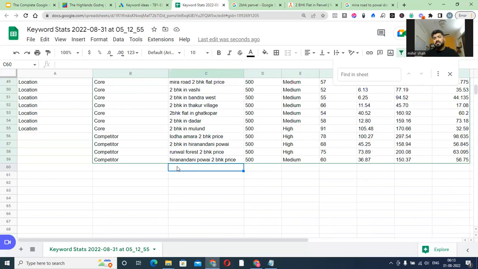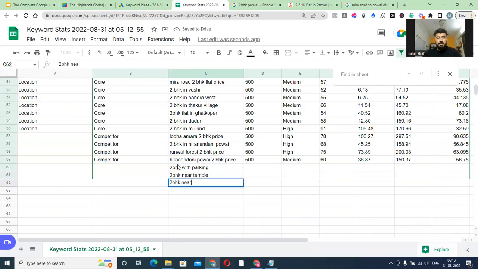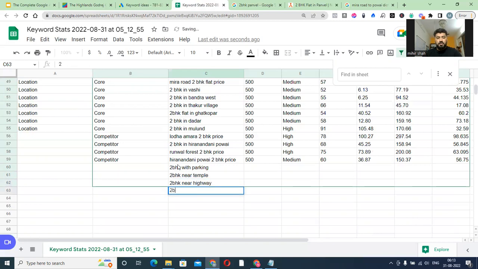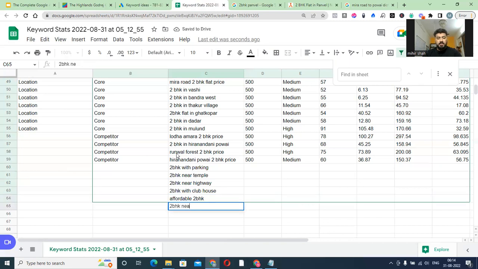Let's say, for example, there is a keyword which says 2 BHK with parking, 2 BHK temple, 2 BHK near highway, 2 BHK with clubhouse, something as simple as 2 BHK.